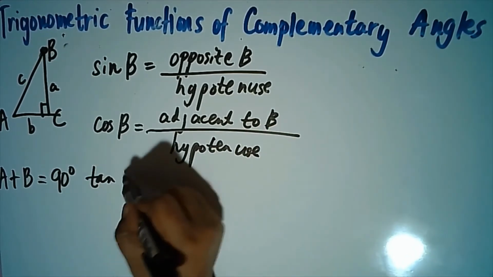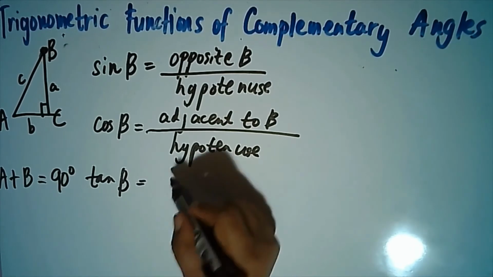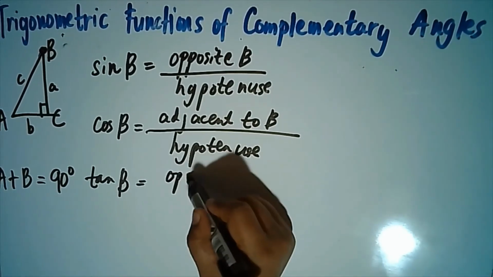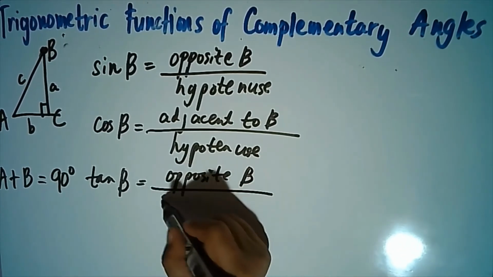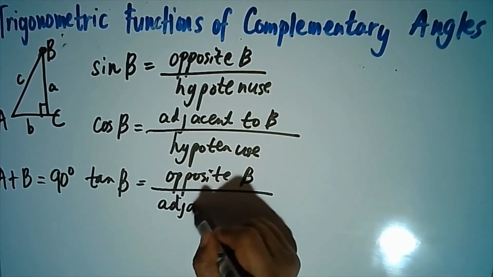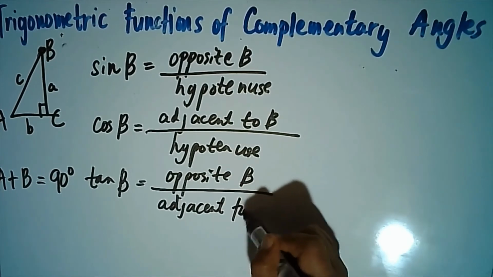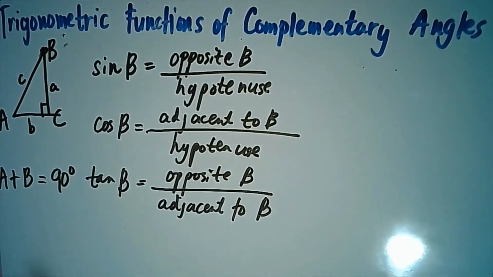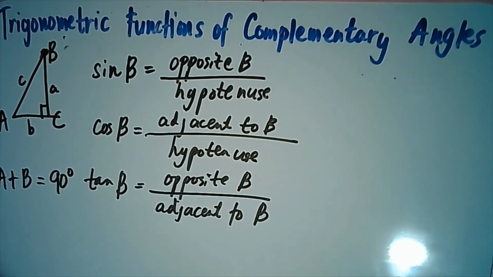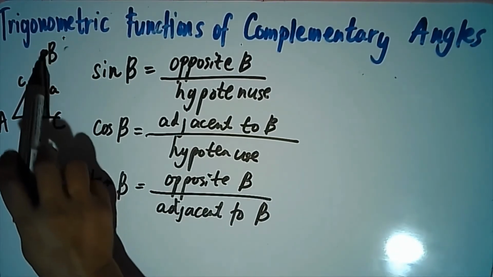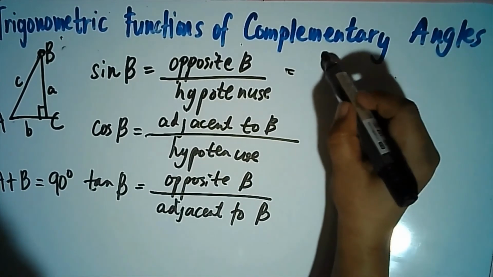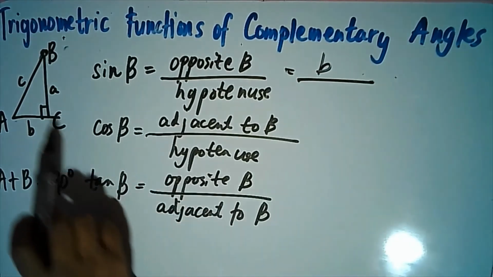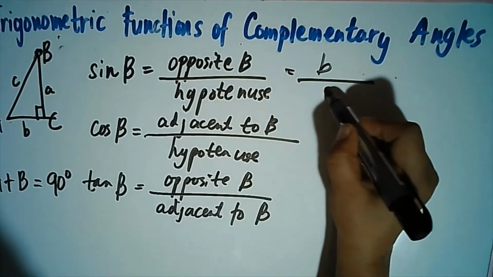And then tangent B is equal to the side opposite B over the side adjacent to B. So looking at the triangle, the side opposite to angle B is the small letter b, and the hypotenuse is c.